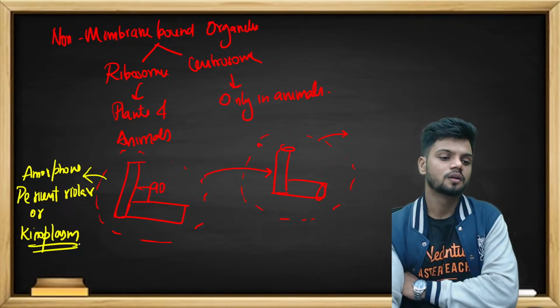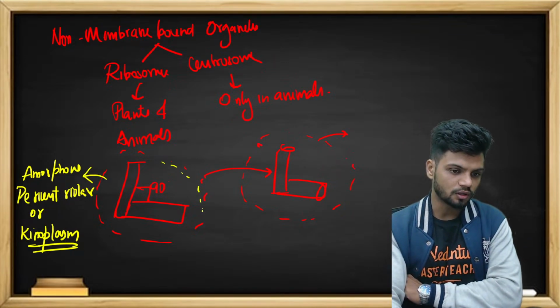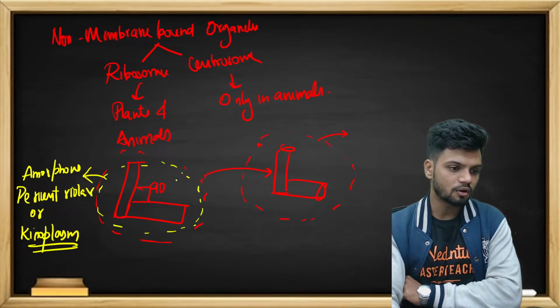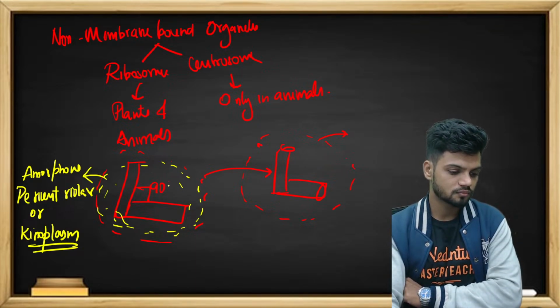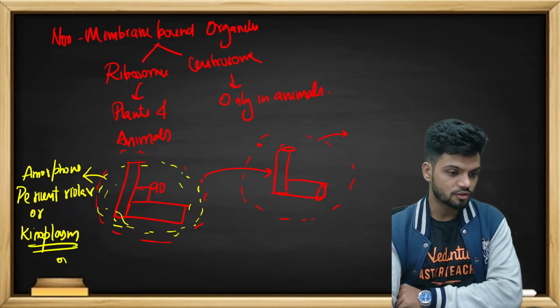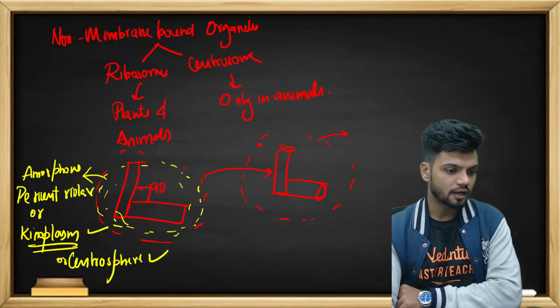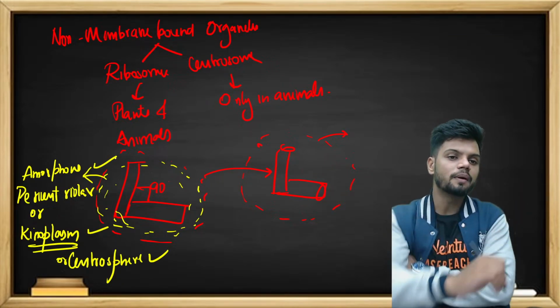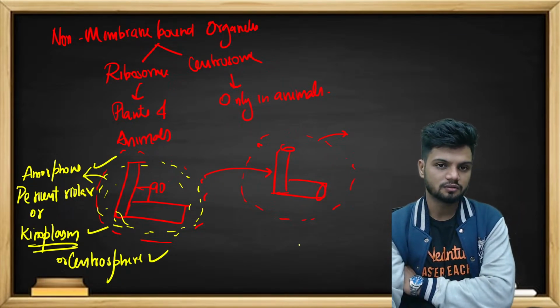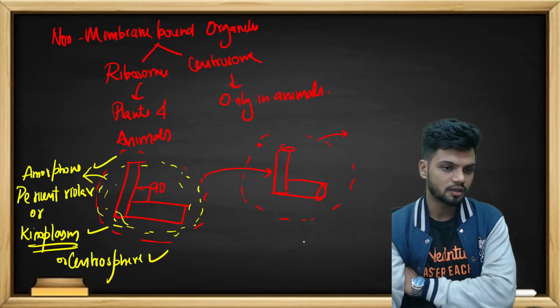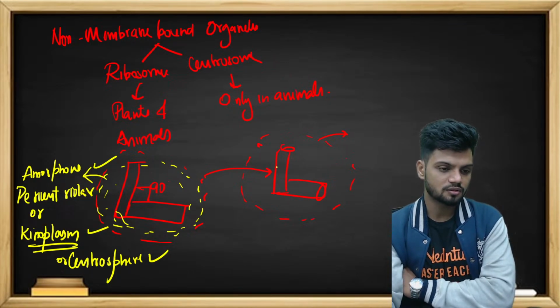The outer layer is called amorphous pericentriolar material or kinoplasm. We can also call it centrosphere. Okay, this is how the centrioles look.